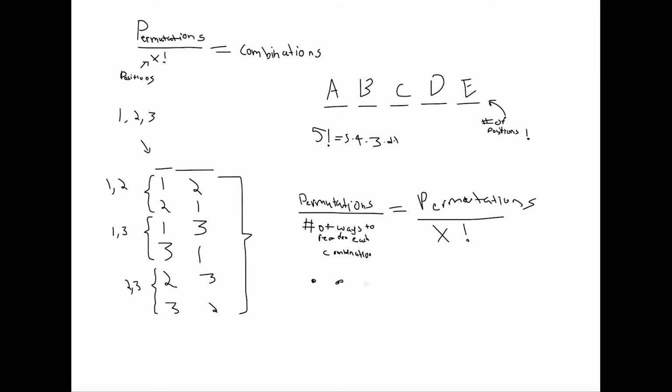It can hold A, B, C, D, or E. Then after that, the second position can only hold four letters, right? Because, for example, if this first position contained the letter A, the second position could not contain the letter A, right?